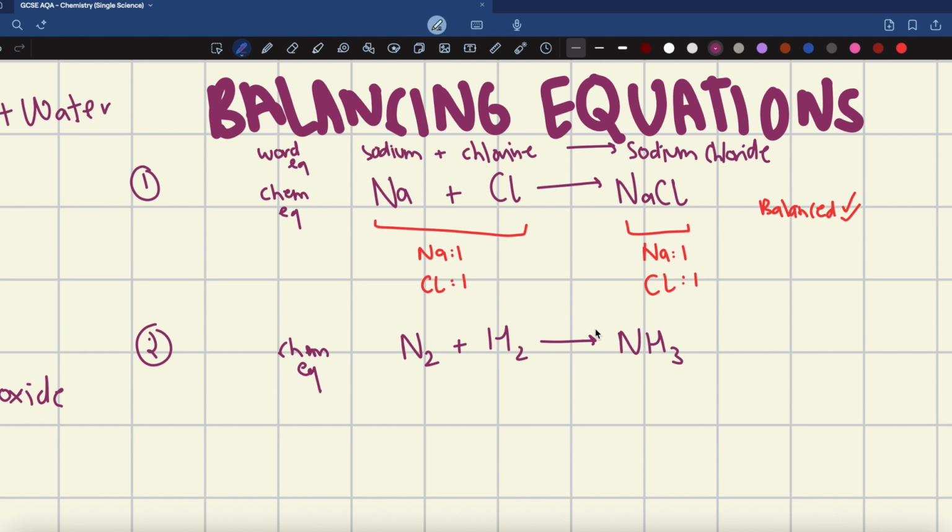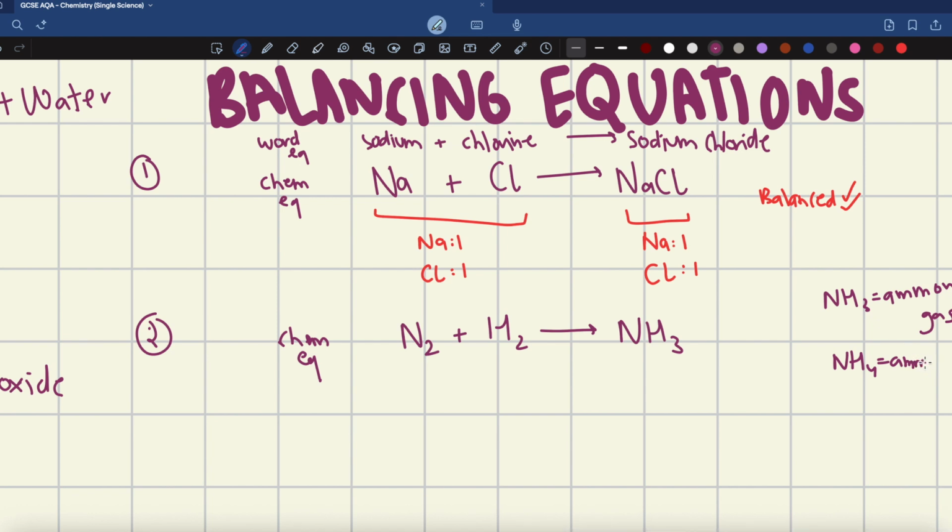I made you draw a table in the other lesson. Look up your previous videos. You need to know this by heart. NH3 is ammonia gas and NH4 is ammonium. Please don't confuse them.